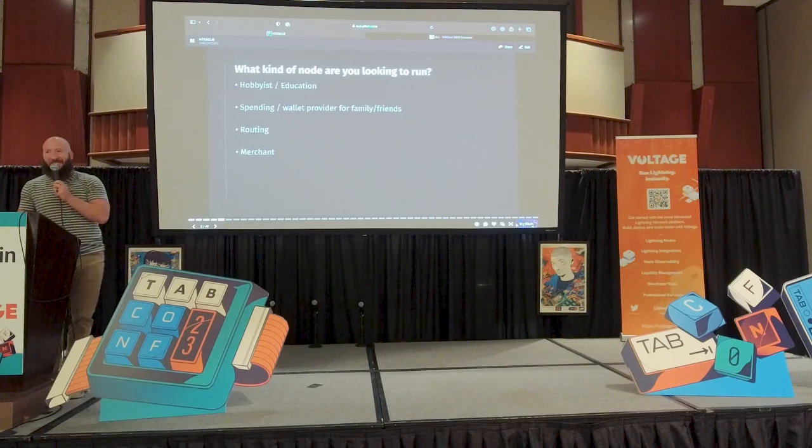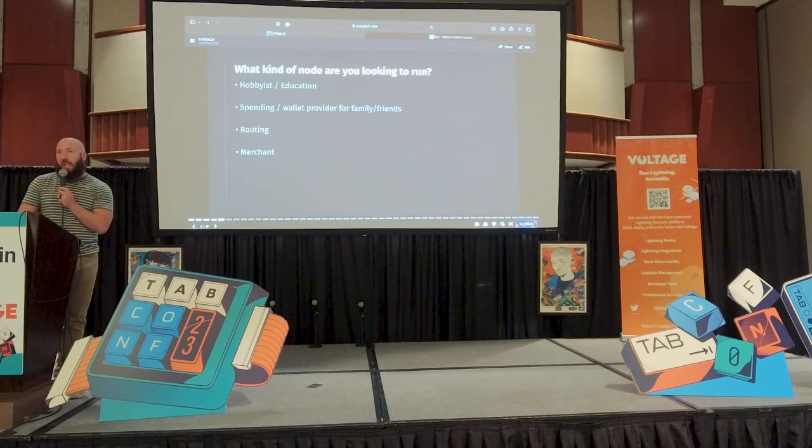So you can start a node for spending, and then you can start a node for routing. That's the most challenging type, but over time, a node that just started as a spending node could become a routing node. And then the merchant or receiver style, which is actually fairly challenging because we'll be talking about inbound liquidity a little bit, but that's the other type.